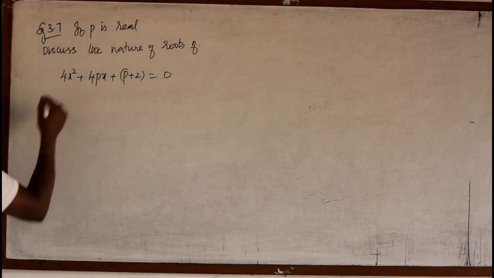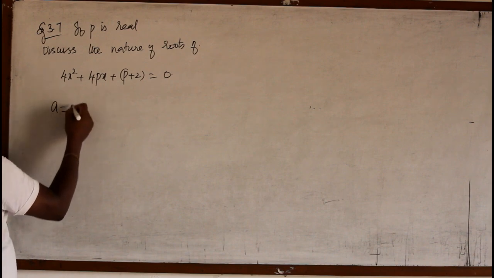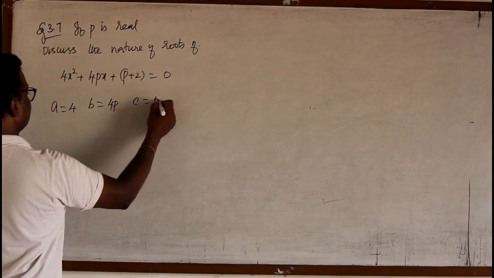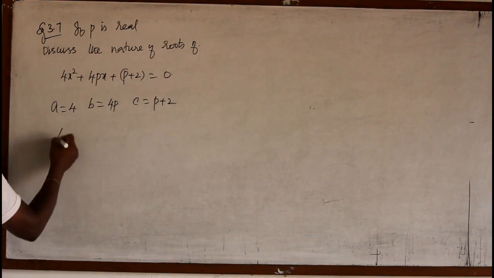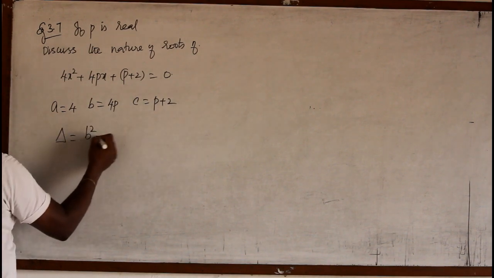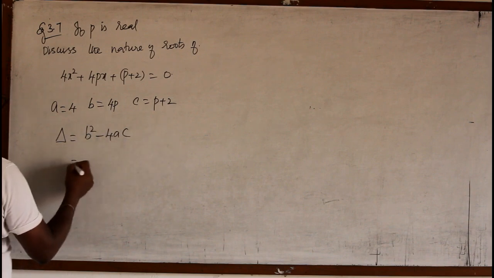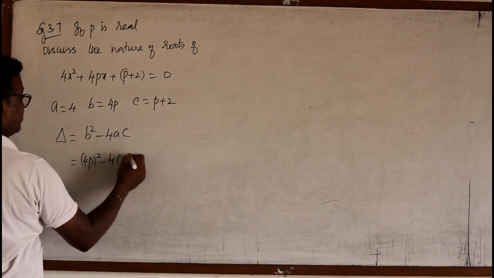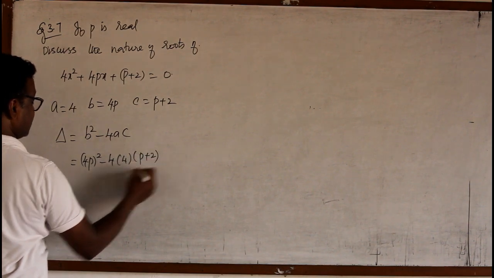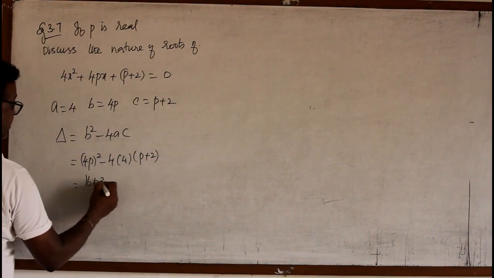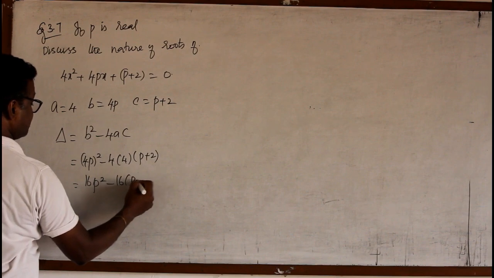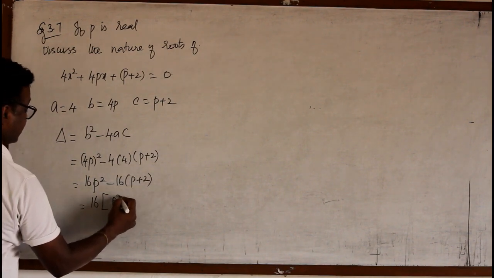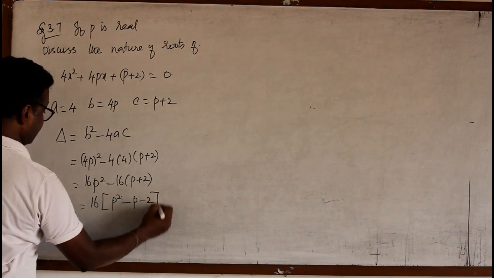Since I have to find out the nature of roots, here A is 4, B is 4p and C is p plus 2. We know the discriminant delta is b square minus 4ac. It is 4p the whole square minus 4 into 4 into p plus 2. It is 16p square minus 16 into p plus 2. Taking 16 as a common term, p square minus p minus 2.